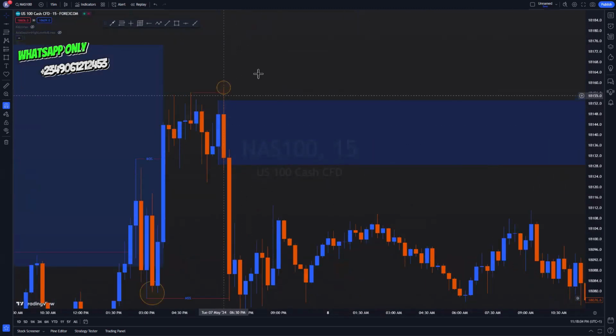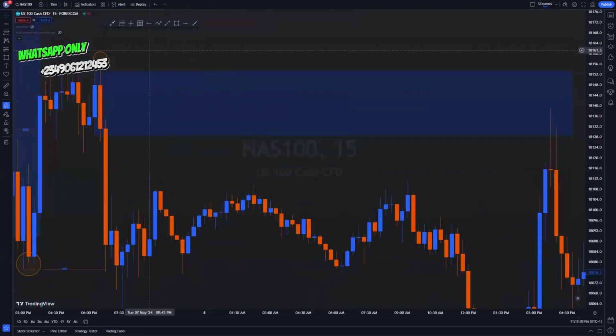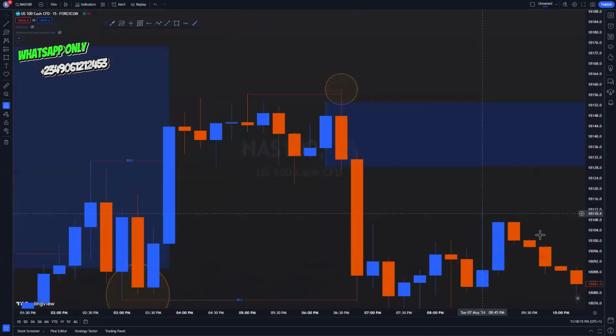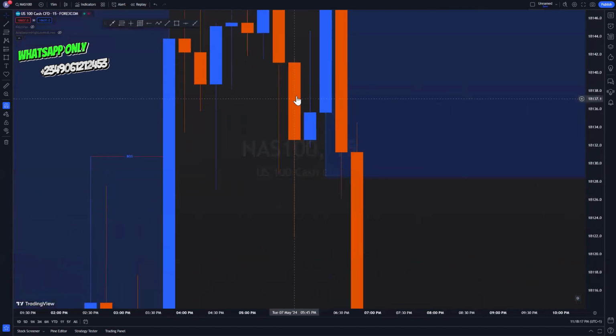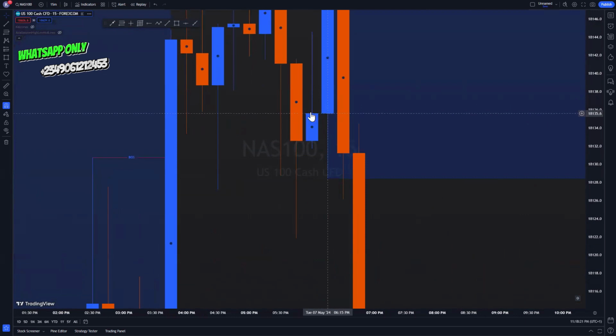Now I actually have a thread on order blocks where I talked about trading order blocks like this. One thing I use for my entry, I use the opening of this candlestick, which happens to be this point here. This was what I used for my sell entry. If you've been following me on X, I talked about this.